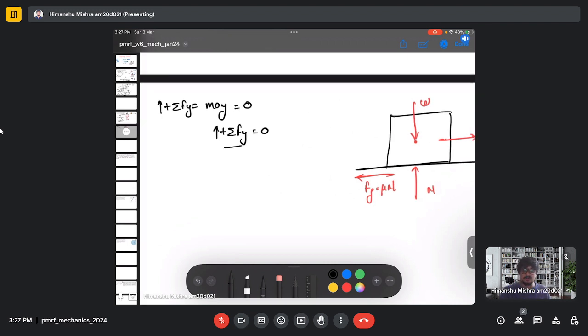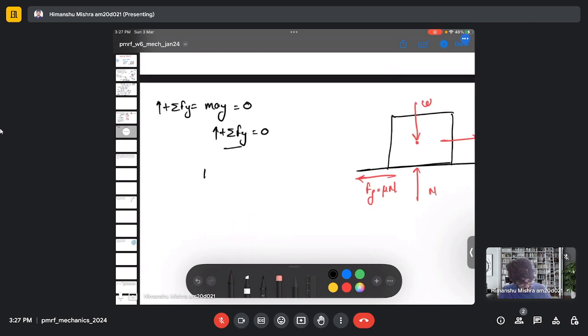It is quite similar to what we have seen in the previous classes when solving static questions, where all the forces are in equilibrium. So here the vertical components of the force are in equilibrium, which means the normal force is balancing the weight.